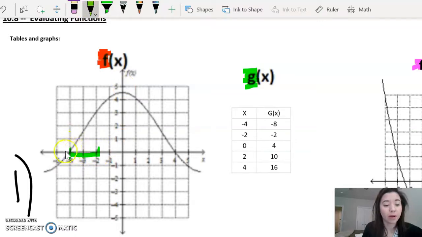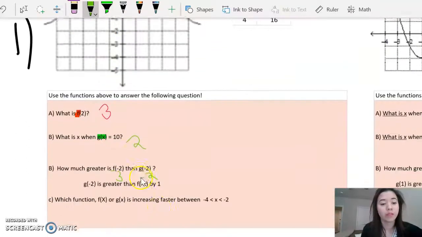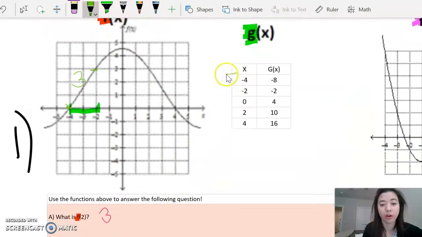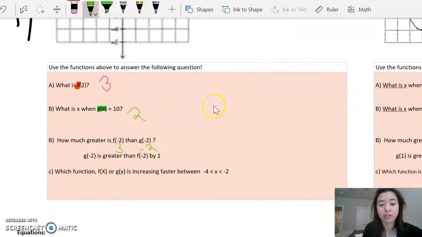My y values went from being 0 to 3 during that time, so it increased by 3. If we look now on g of x from negative 4 to negative 2, we increased by 6. Negative 8 to negative 2 is by 6. So g of x increased faster.